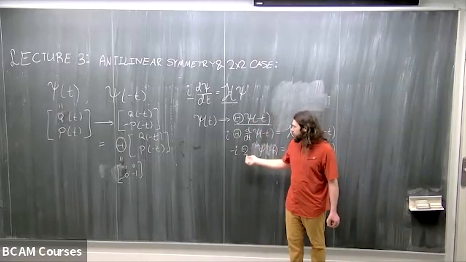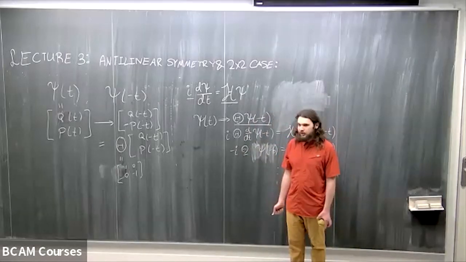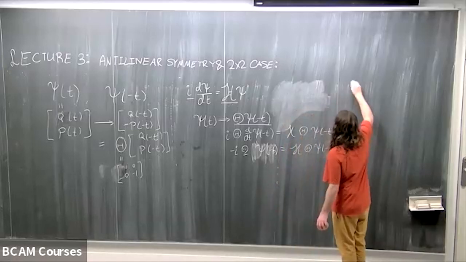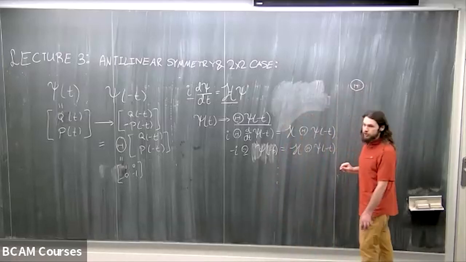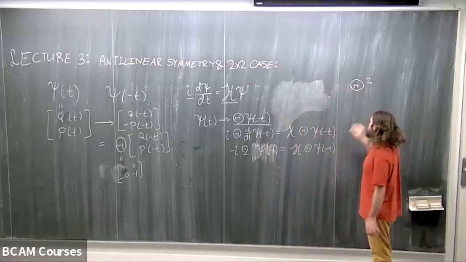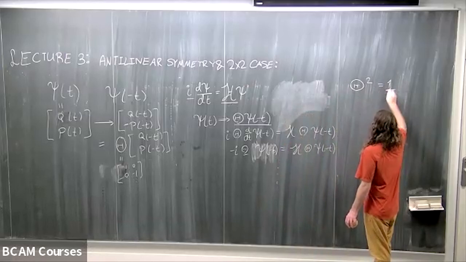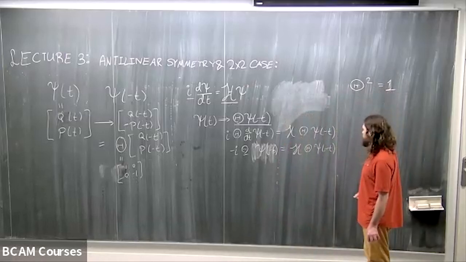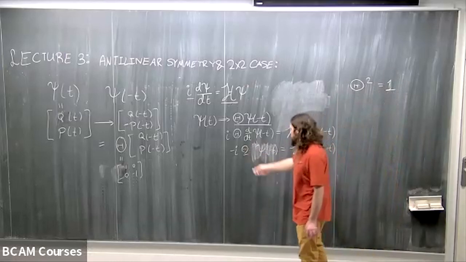So in fact, assuming that theta is invertible is less restrictive than what you would probably want in general. In general, you would probably want to even say that theta is an involution. That is, if I invert time reversal twice, I get back to where I started. Okay, but for now we'll just assume that it's invertible.